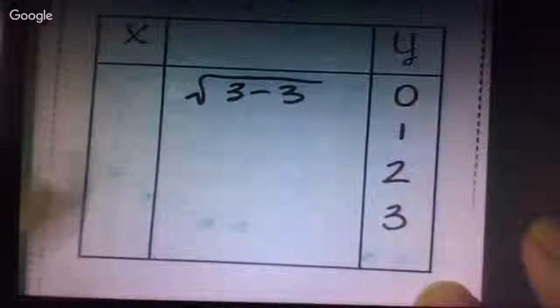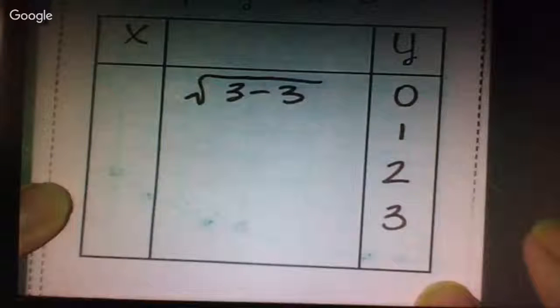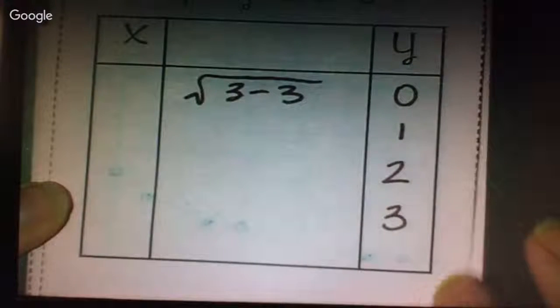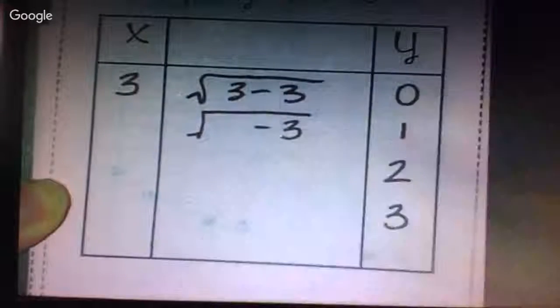What do I plug in here to make the square root equal to 0? 3. The square root of 3 minus 3 equals 0, because I need to get the square root of 0 to get a 0. So 3 on that side. This time I want a 1 underneath the square root.